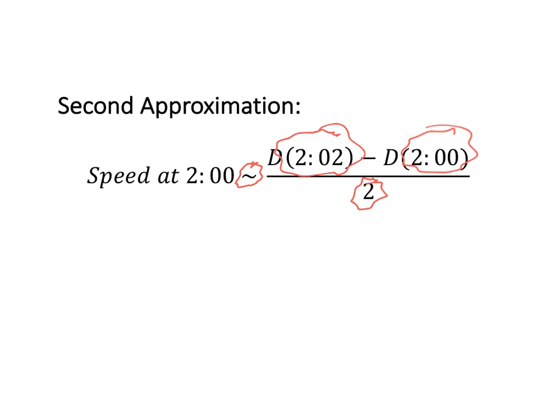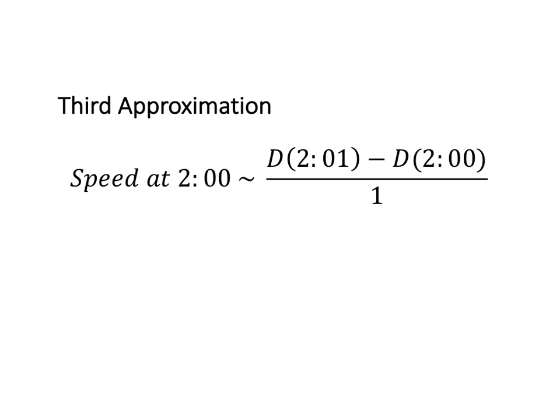Notice I didn't say equals. This is an approximation. Now let's look at a third approximation, and let's get that time interval down to, say, 1 minute. We're looking at the distance it travels between 2:01 and 2 o'clock. Will that give us the speed, or is that still an approximation?